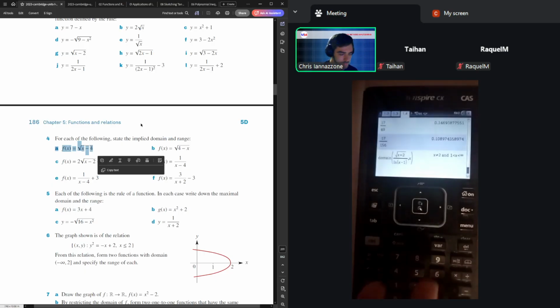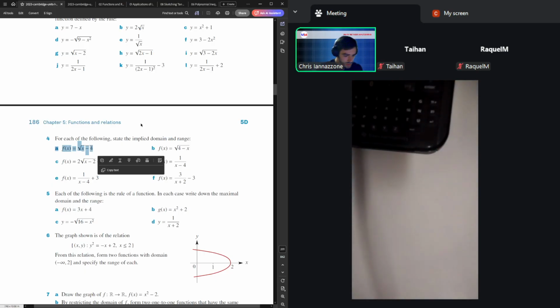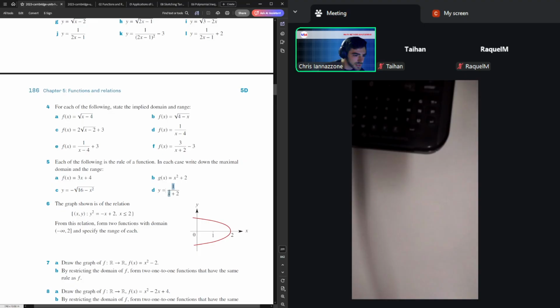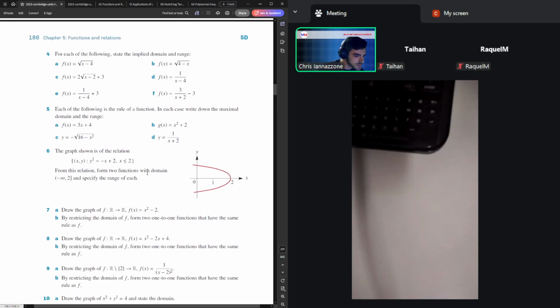Let's go 4. Some of them are going to be quite basic. It gets kind of more complicated sometimes with what they're putting inside of things. Yeah, let's start simple with 4A.